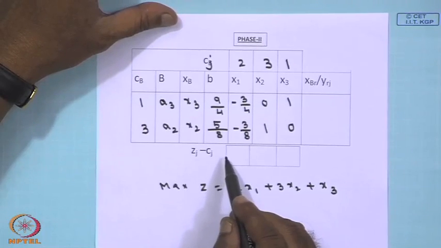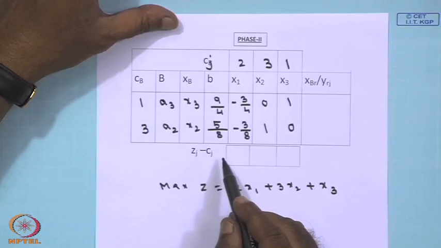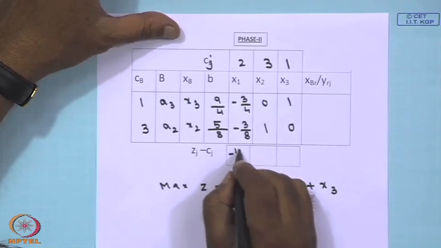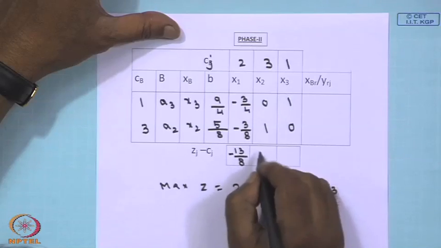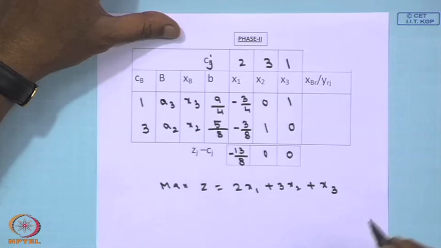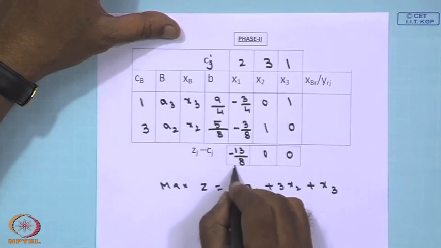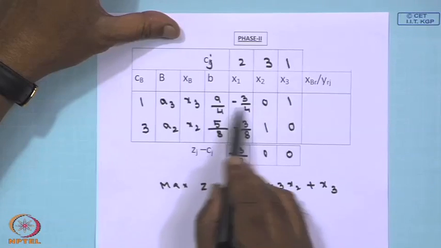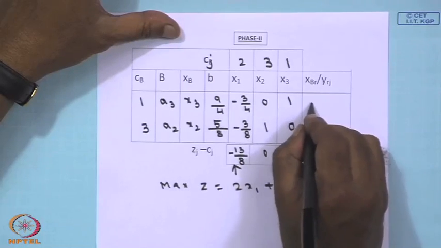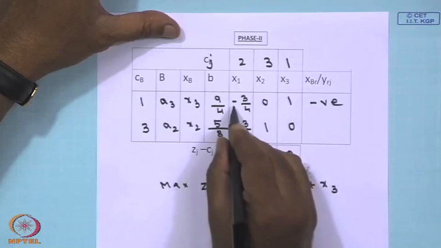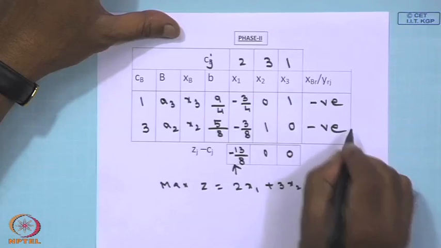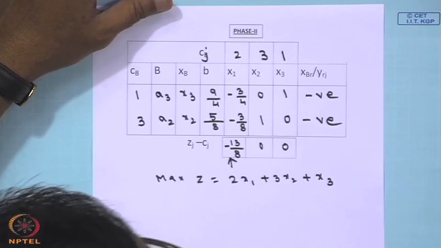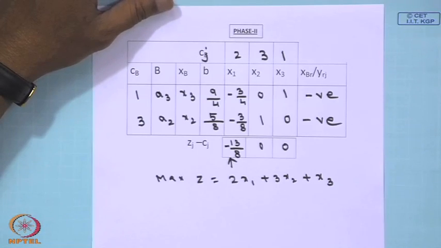Now, see Zj, what is Zj minus Cj? If you calculate, it is minus 13 by 8, 0 and 0. So, this is negative. Now, see here, whenever you are going to calculate the ratio, both the ratios are becoming negative. And as we have told, if the ratio is negative or infinite, you cannot consider it.